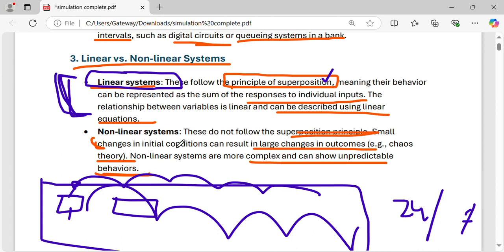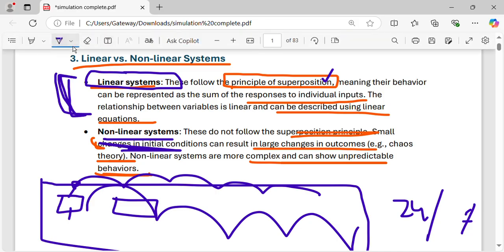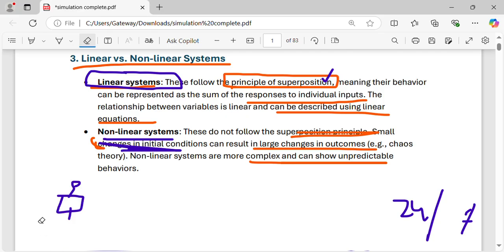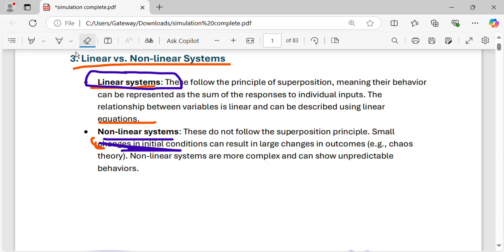And you see that the reaction among all of these inputs is going to be the same, right? However, for nonlinear systems, things could change at any point, which can cause a large change in outcome, right? So linear systems means that everything is going to be smooth, but nonlinear systems means that any small change could cause big results. Linear means it goes smoothly, nothing bad, right? But nonlinear means that the superposition principle is not followed, and small things cannot really predict the outcomes.